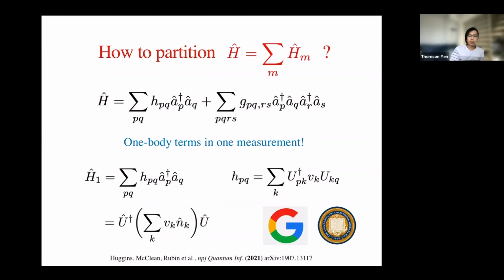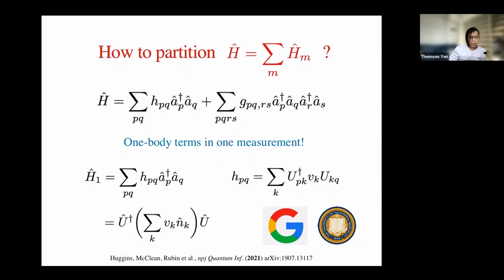And here we can use the nice equivalence between the unitary matrix and the orbital rotations. So once we diagonalize, find the unitary matrix that diagonalizes h_PQ, we can find the corresponding unitary operator, U. And if we apply it onto the Hamiltonian, onto the one-body terms, we will find just a sum over the number operators at the center.